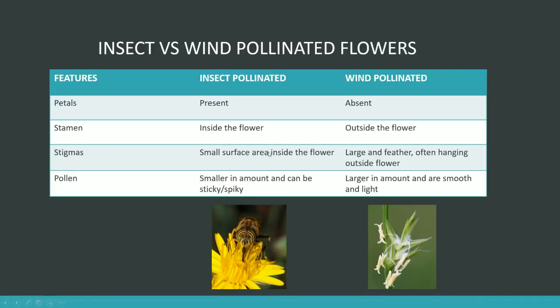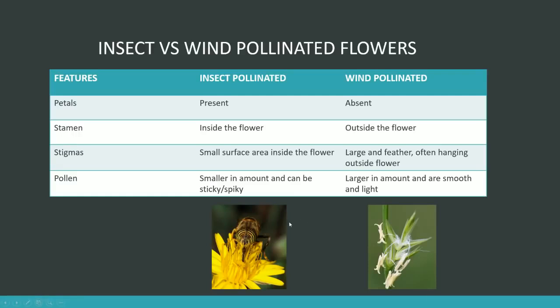It just allows more chance of an insect rubbing on it. And for a wind pollinated flower, the stigmas are often quite large and feathery, and quite often they're again hanging outside the flower, because you want it to be exposed to the wind, and the wind hopefully will be carrying some pollen for it to stick onto the stigma, and therefore that's pollination.